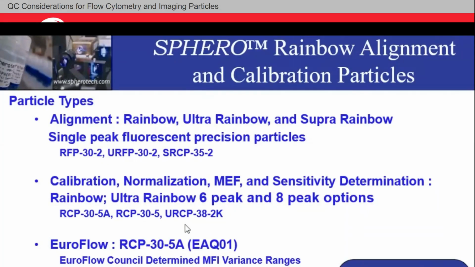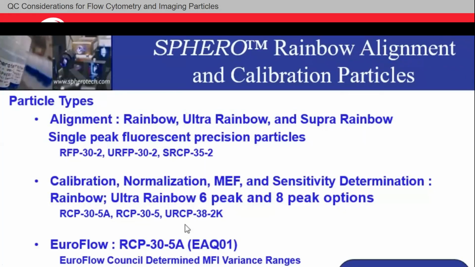They set some of their own standards. They are fundamentally the exact same kind of particles, but they have specific lots with specific extra parameters that work with their SOPs. It's kind of like using them as a QC outlet or as an SOP source. So if that does sound like something that's interesting to you, or you might want to lean on the validation of a known community, you may want to look into the Euroflow Council to support you.